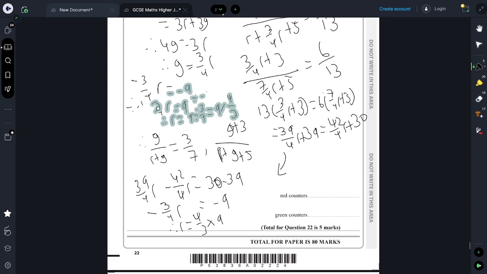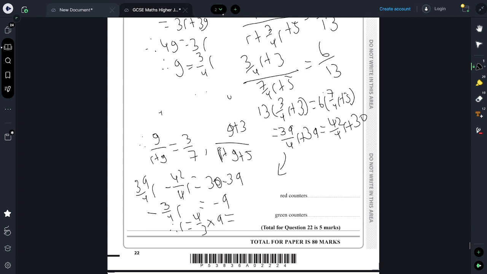That's all we're doing, just to clarify, from this step here to here. We got rid of the negative, divided by minus 1, and then divided by 3 over 4 on both sides. So that's the same as saying 9 divided by 3 over 4 is 9 times 4 over 3.